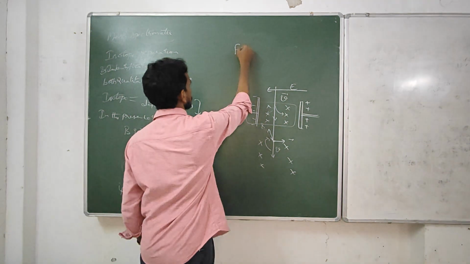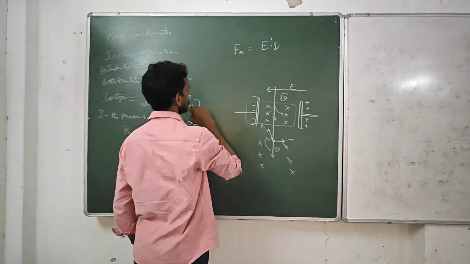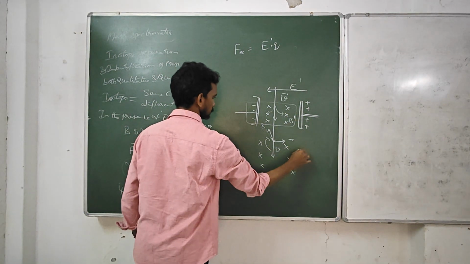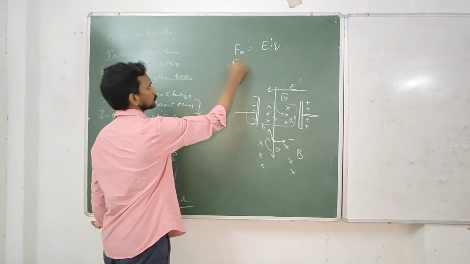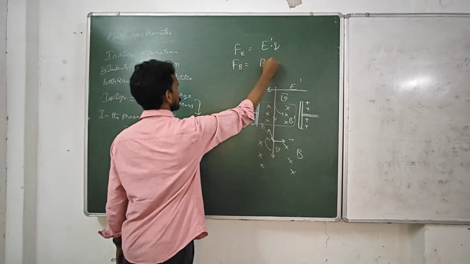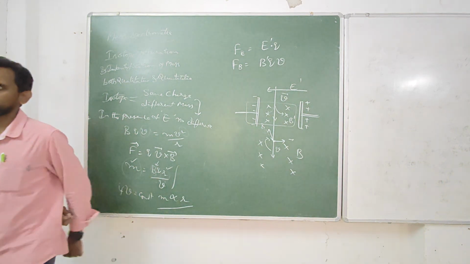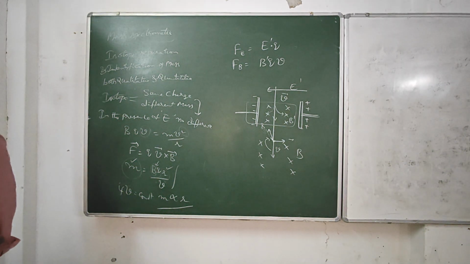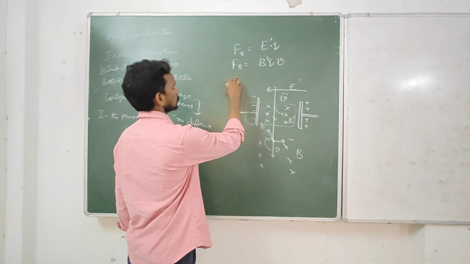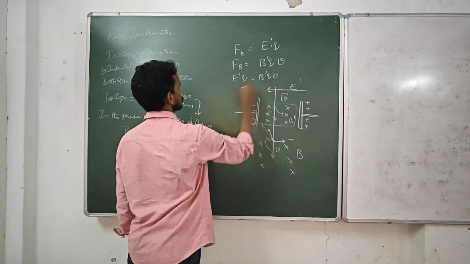So the force by the electric field is what? I consider the electric field as E, and here the magnetic field is B. So the force due to the magnetic field is BQV. If both are equal, the net force is 0. So what happens? EQ is equal to BQV.